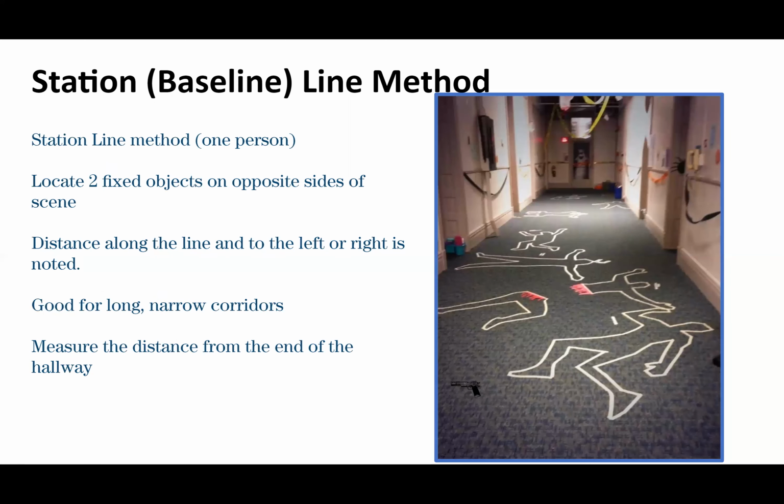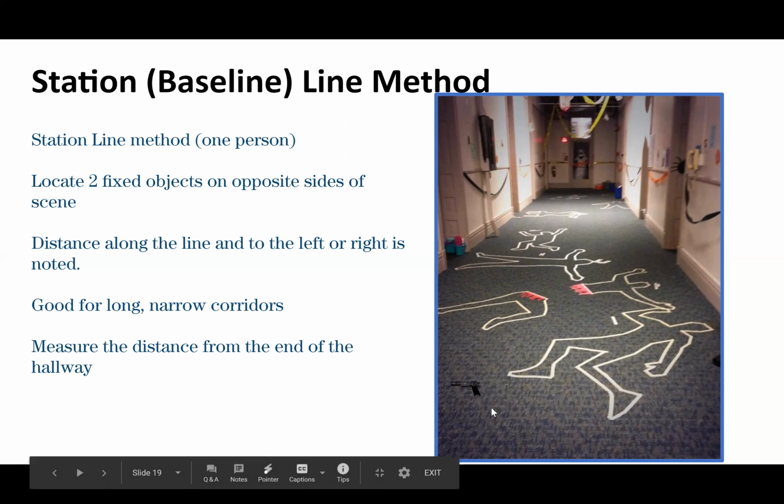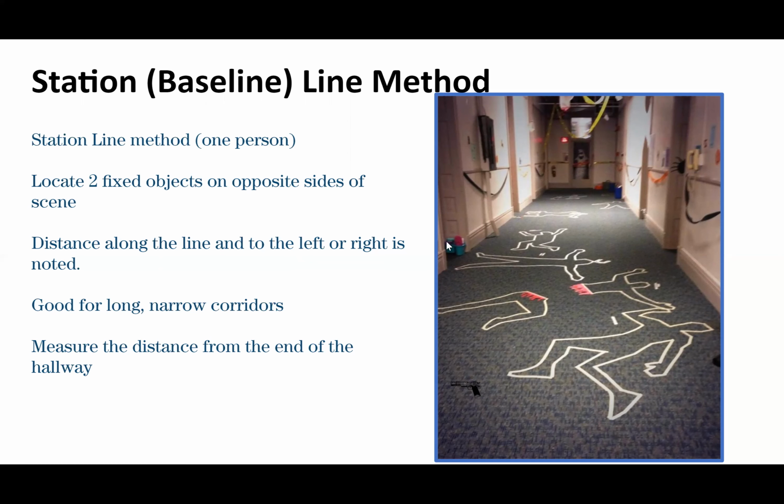The station or baseline method is typically used when there's a long, narrow pathway. In the book, it said it's often used outdoors, but you can also use it for hallways. Very good to use for that.